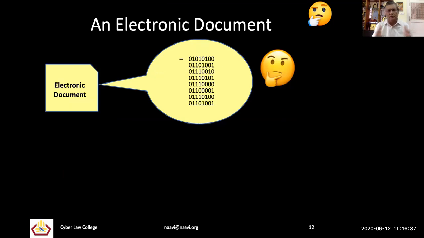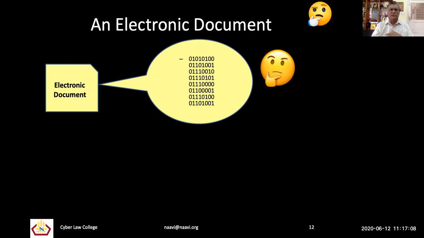Why this kind of segregation of electronic documents has been done from other physical paper documents can be understood if we look at the nature of an electronic document. An electronic document is a binary expression. A human, who could be a judge, cannot make any understanding of this binary document.